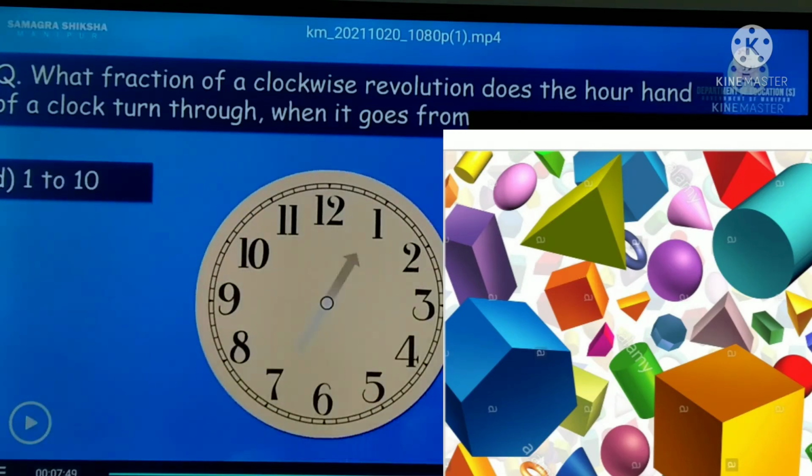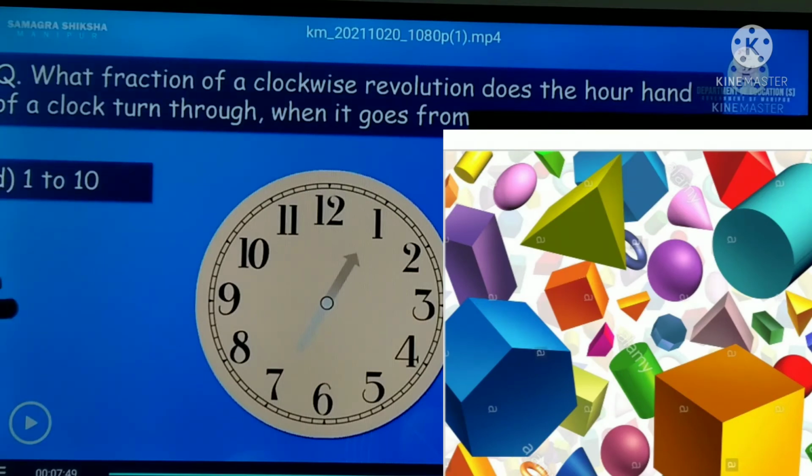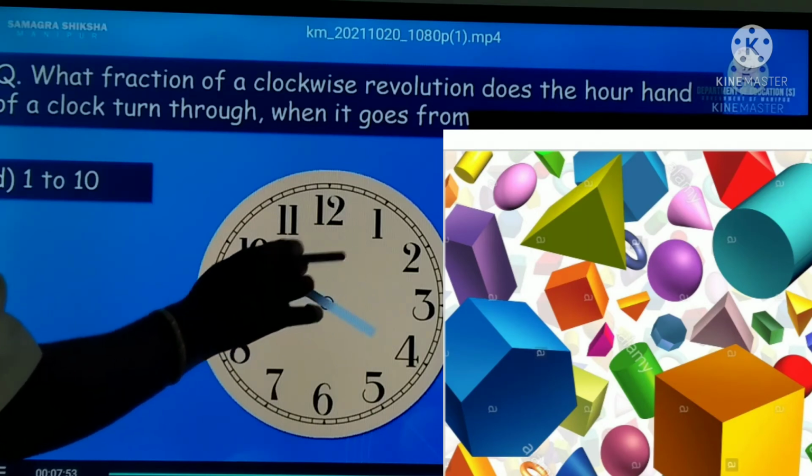And the next one. What fraction of a clockwise revolution does the hour hand of a clock turn through when it goes from 1 to 10? It starts from 1 and rotates to 10.